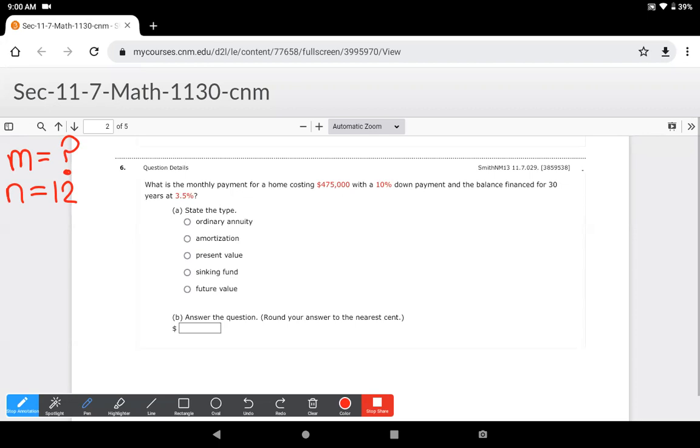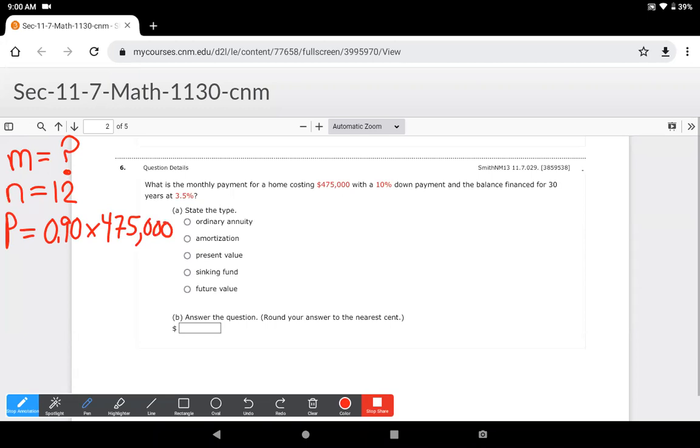For home costing 475,000 with a 10% down payment, which means we're only going to finance 90% of the 475,000. Keep saying that wrong. Right?